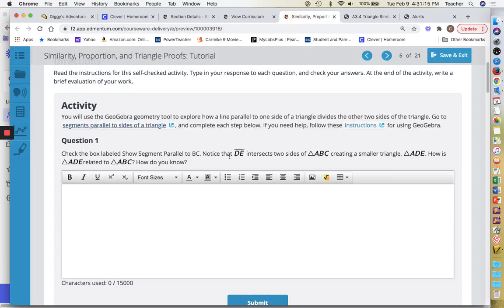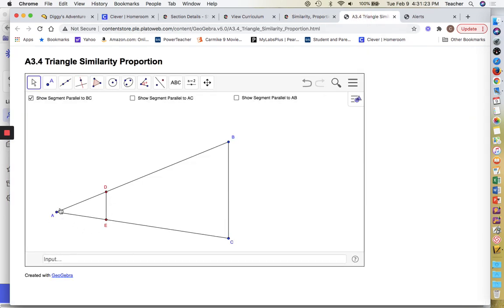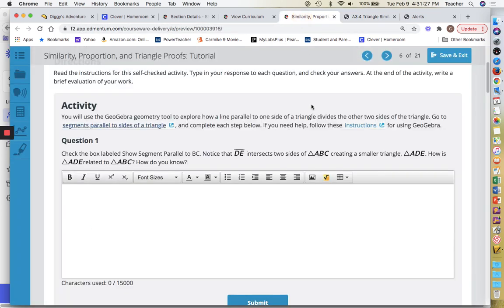Okay, notice that DE intersects two sides of triangle ABC, creating a similar triangle ADE. So there's triangle ADE. How is triangle ADE related to triangle ABC, and how do you know?